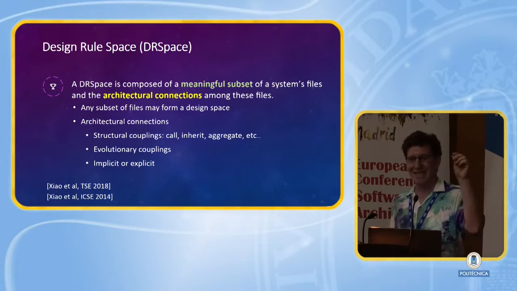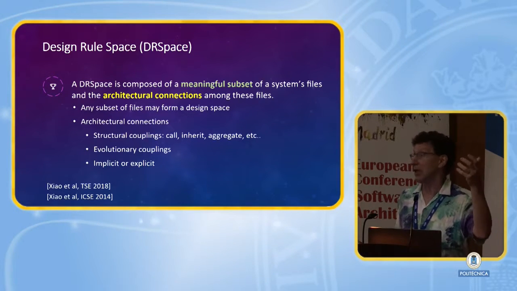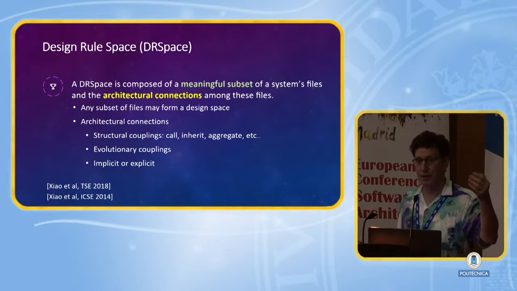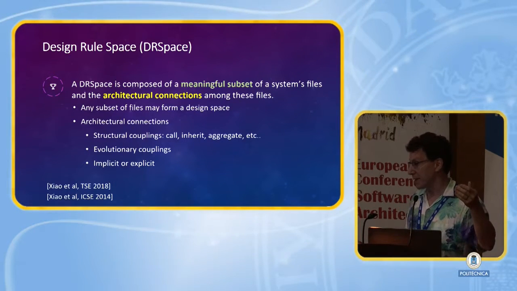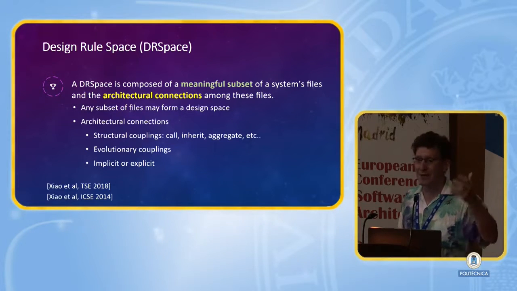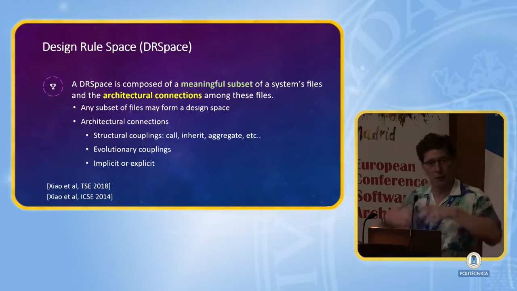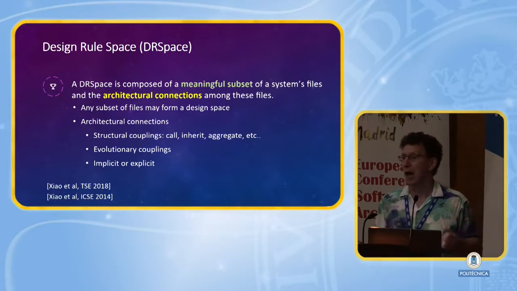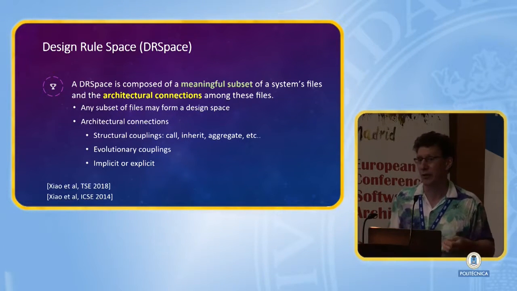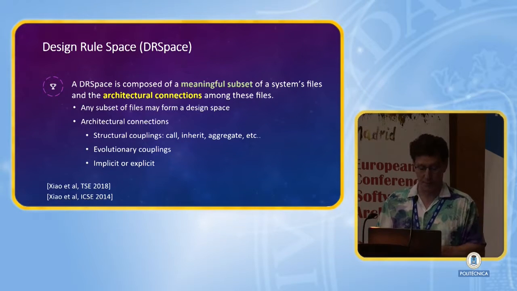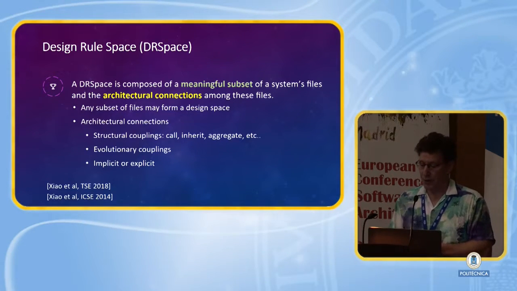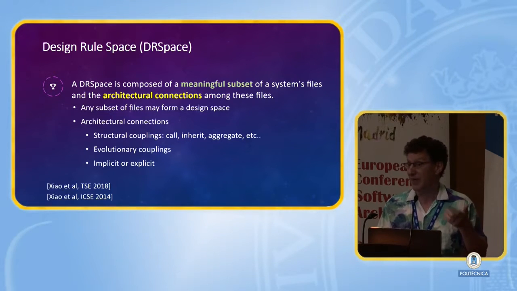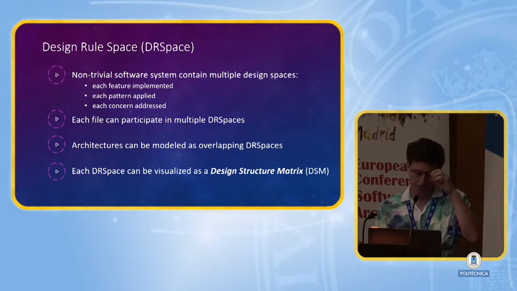A DR space is led by what we call a leading file. There's a file, typically an important abstraction or an important interface in the system, and there are many other files that depend on that leading file. We cluster these together. We have an algorithm called the design rule hierarchy algorithm, a clustering algorithm, to create these DR spaces. And this allows us to understand architecture via a set of dependencies.